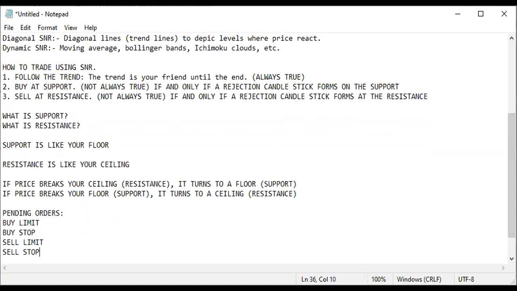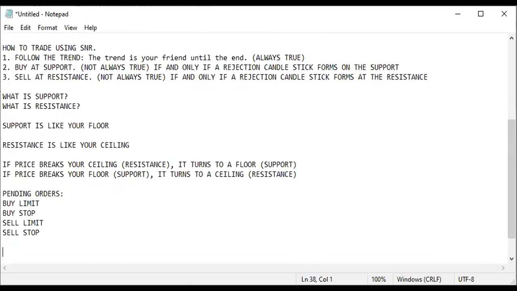So there are two ways in which you can enter the market. There are two ways in which you can place your trades. You can either place your trade using what we call market execution, or what we call instant execution.